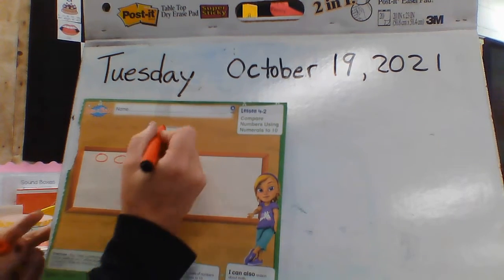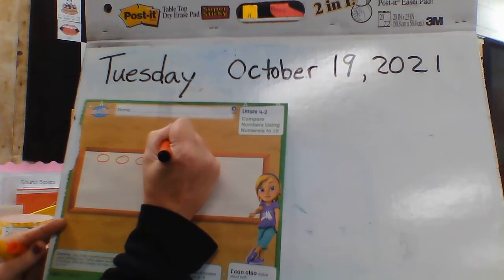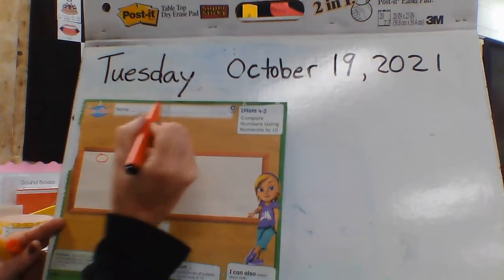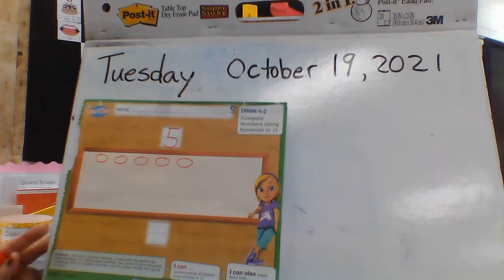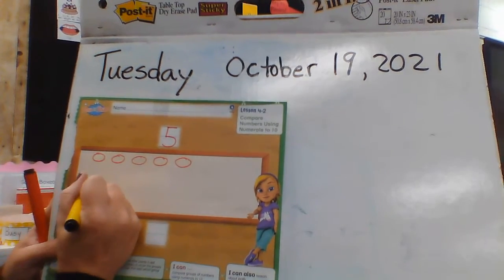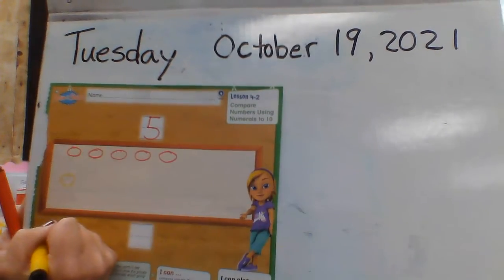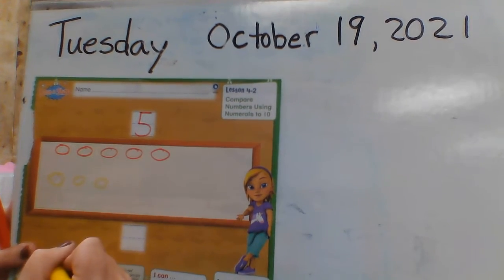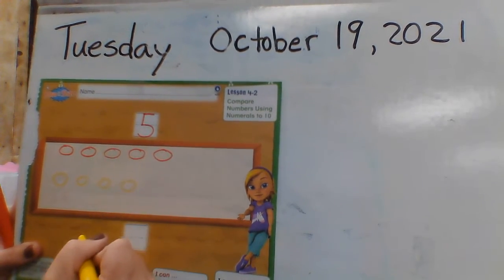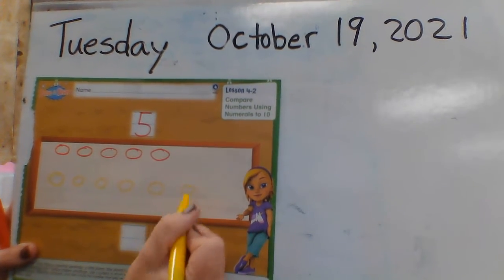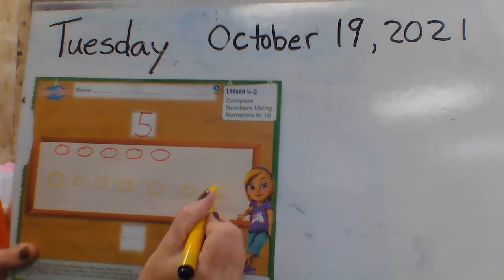And then I'm going to write 5 right here. Body, big fat belly, hat on the top. So there's 5. And then I'm going to draw 7 yellow. 1, 2, 3, 4, 5, 6, 7.